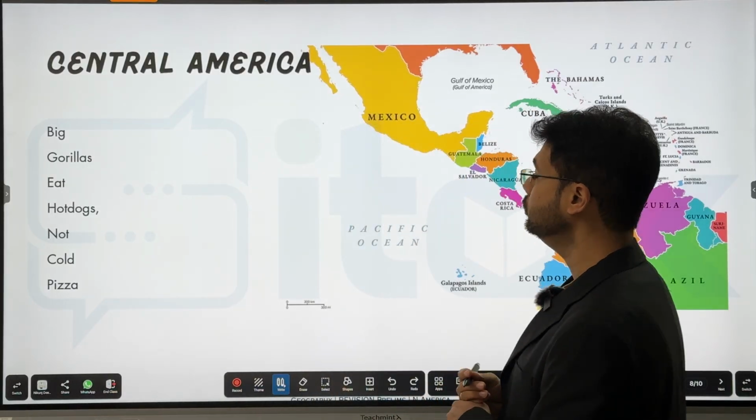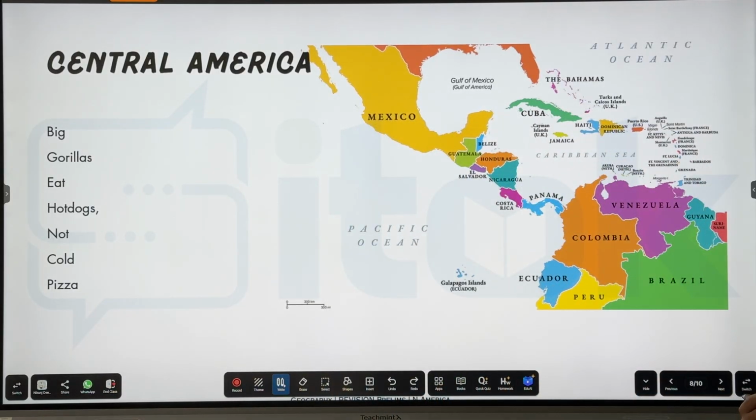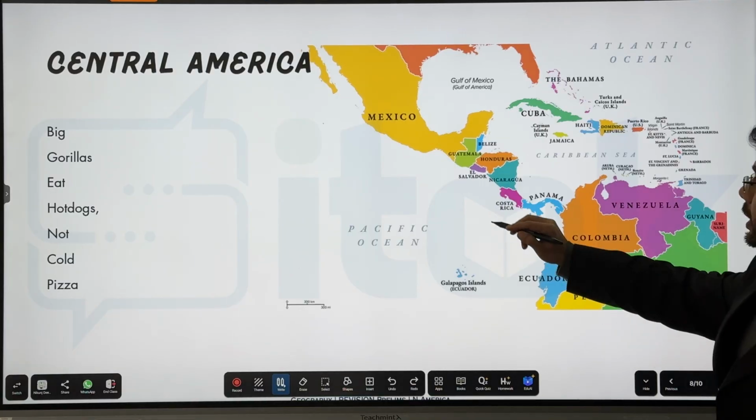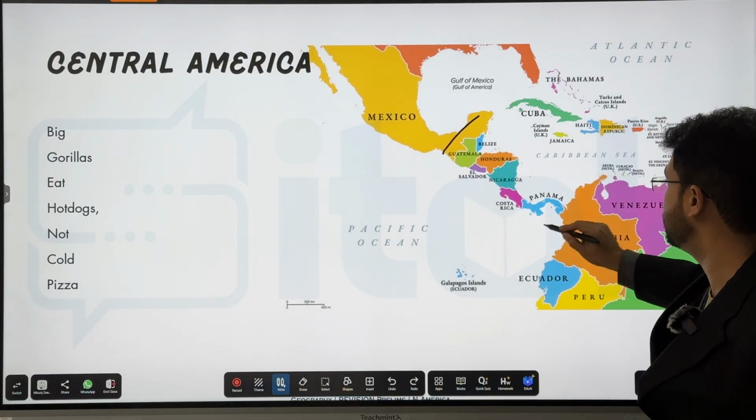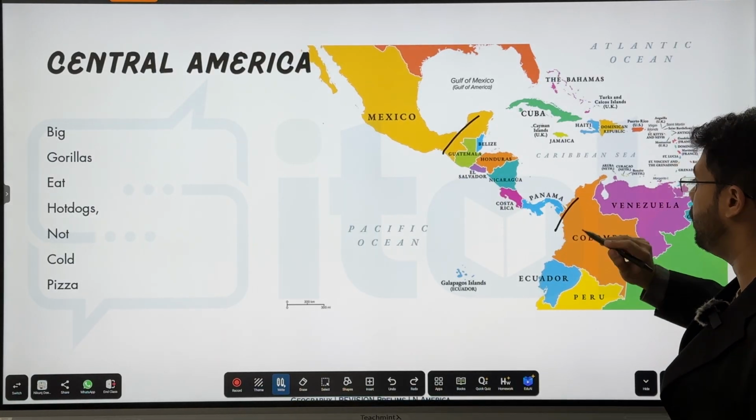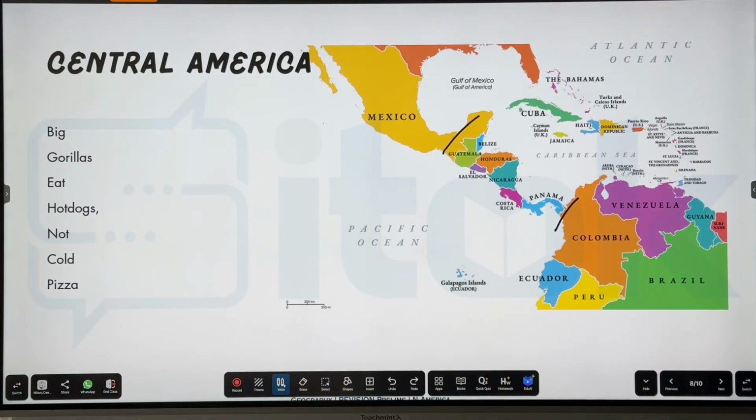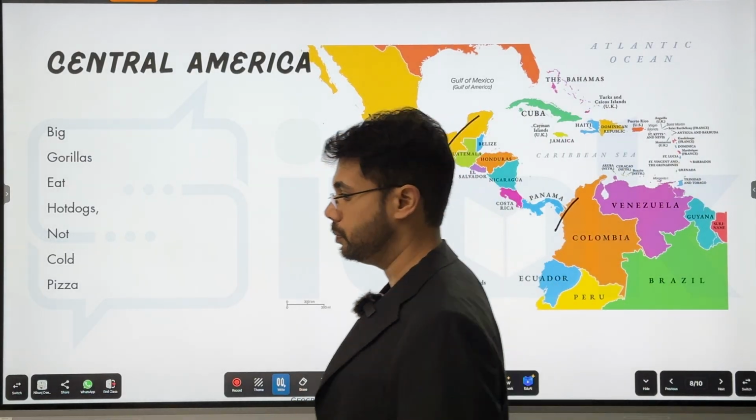Now, Central America was left. So it is very easy to learn these countries from Guatemala to Panama. Big gorillas eat hot dogs, not cold pizza. So what do we have here? Big gorillas.